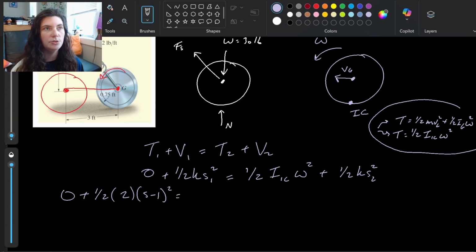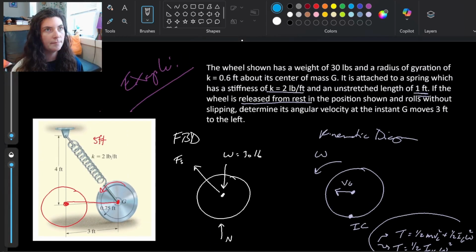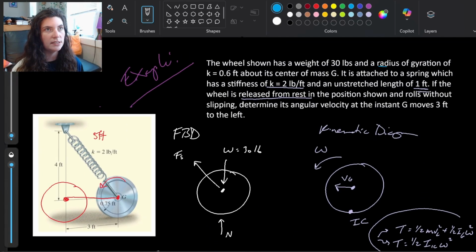And we're going to move on to our other side, do our kinetic energy here. So 1/2 times moment of inertia of IC. Our moment of inertia, we have a few different formulas for it. We can either look it up, or in this case, did they give us a k? They sure did. They gave us that radius of gyration.